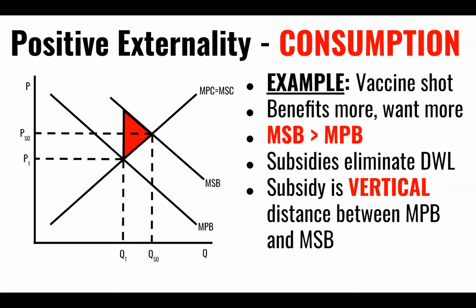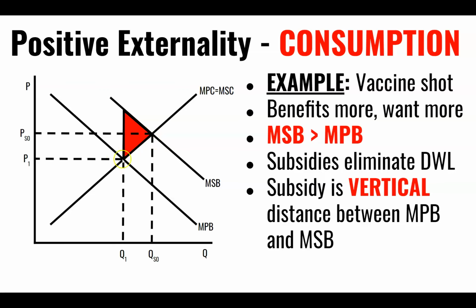When it comes to graphing positive externalities, we have to distinguish between consumption and production. In the case of a positive externality in consumption, we find where the personal benefit and personal cost curves intersect. That's the market outcome. But as we said, it's less than the optimal amount, because it turns out that if I find the intersection for the market, because it's a positive externality, there are more benefits than I realize, which means that I should be doing more of the behavior.